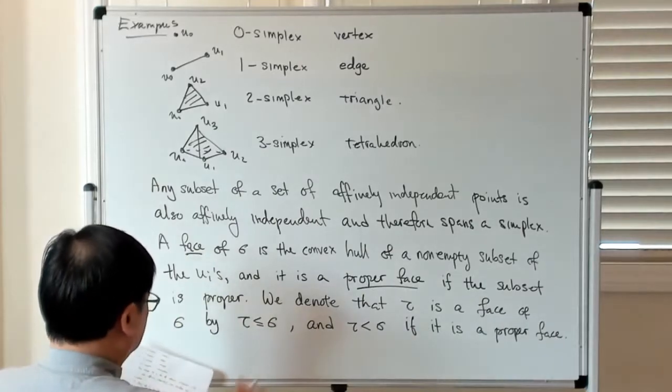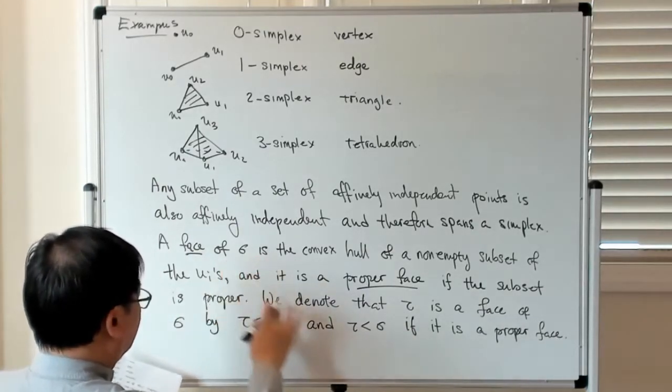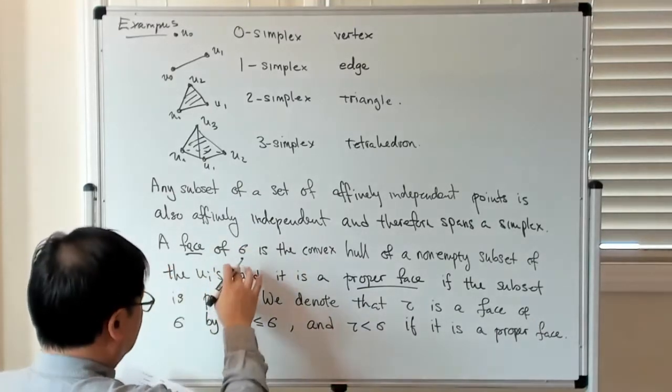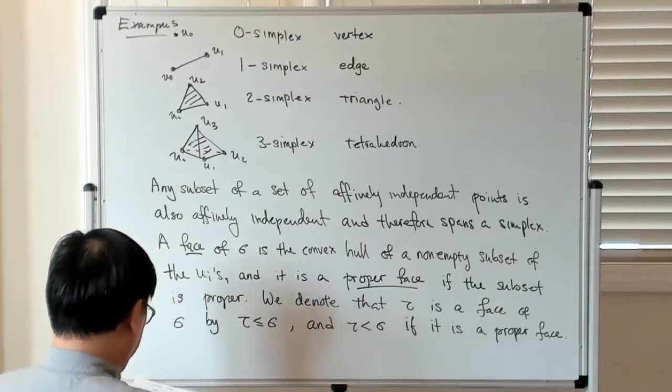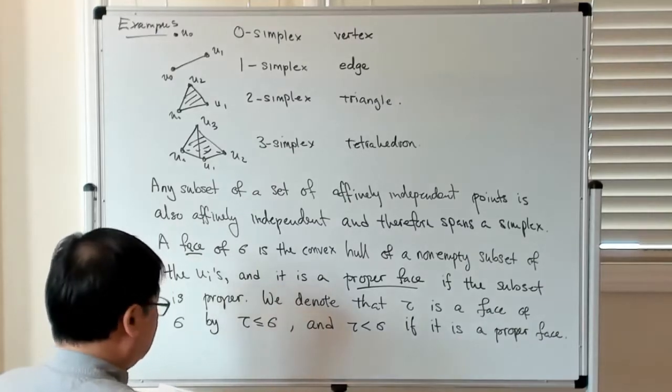You can also ask, given tau, which are the simplices which have tau as a face. We denote that relationship by calling them a coface.